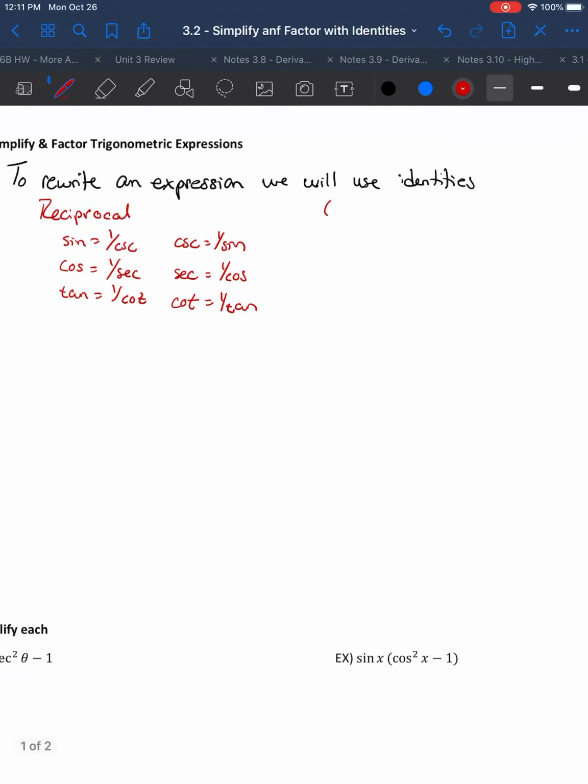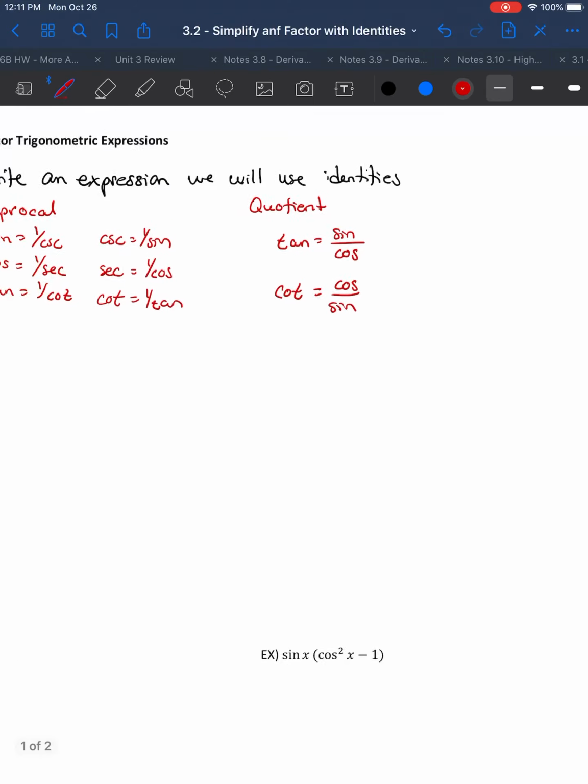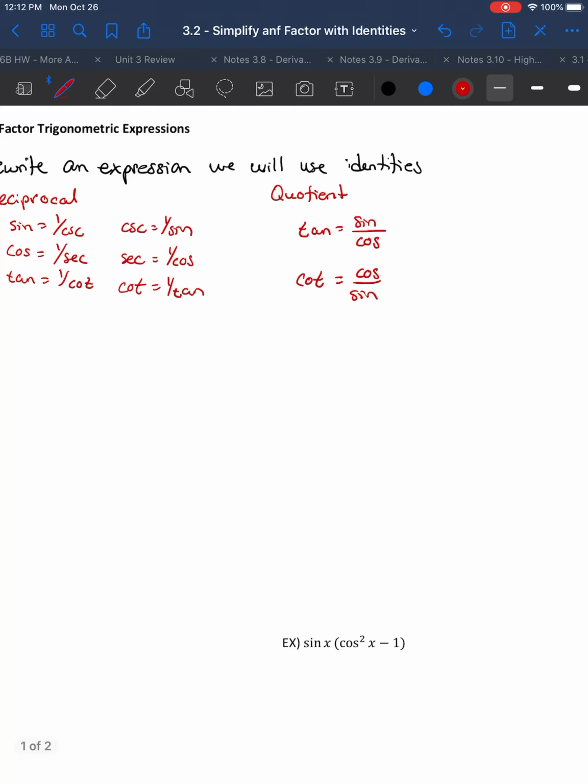We might have to use the quotient identities, which say tangent is sine over cosine and cotangent is cosine over sine. And then we also have our Pythagorean identities.